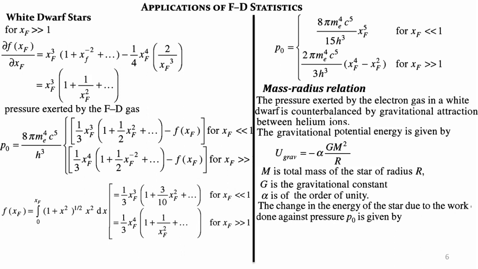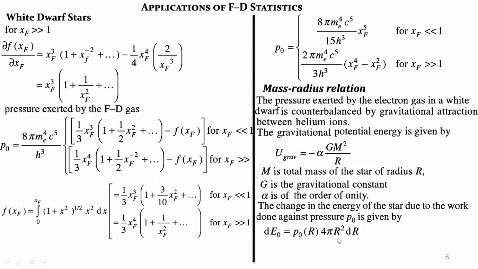Now the change in energy of the star due to work done against the pressure is given by how much change in energy if the star does some work against pressure. This will be equal to the integral of P naught R times 4 pi R square dR. Energy is nothing but force into distance traveled. So pressure into area, this is the area of a sphere of radius R, so this is force.